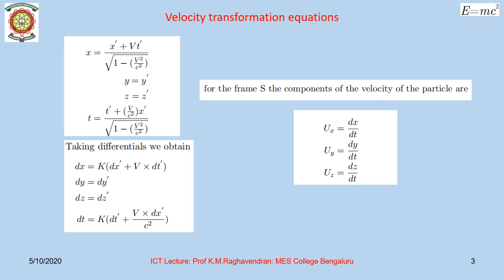Now, if we consider the frame S, the components of the velocity of the particle would be ux = dx/dt along the x-axis, uy = dy/dt along the y-axis and uz = dz/dt along the z-axis.